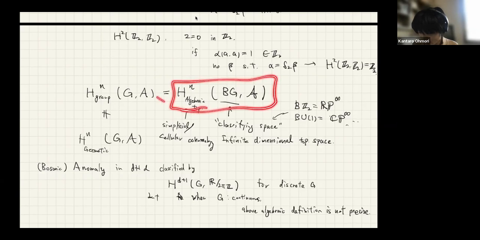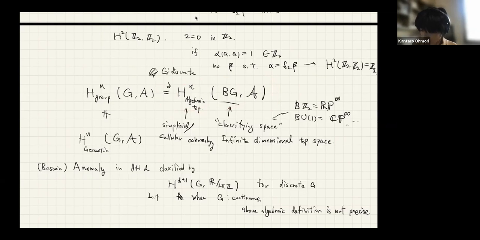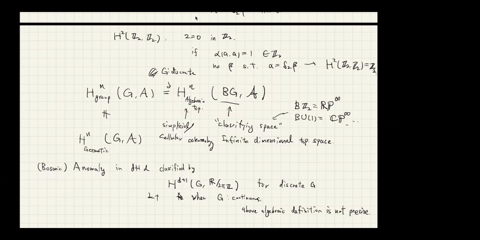This equality is only for G discrete, and you can also use this side for the continuous group, where you just generalize. Thanks for the question. So for the continuous group, the right-hand side is going to characterize the anomaly.